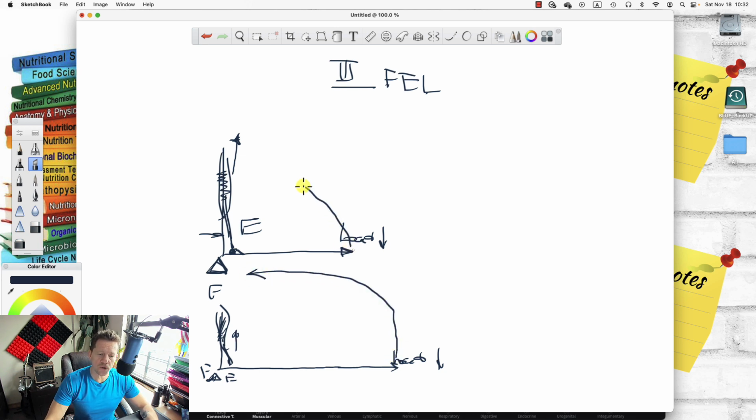Here you have to travel a shorter distance. So this person is at an advantage and this person is at a disadvantage. Obviously it depends on how long that lever is.